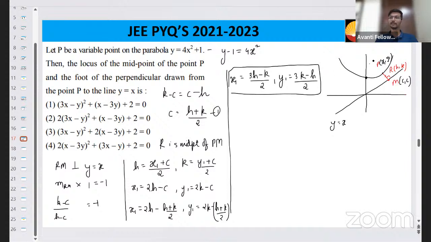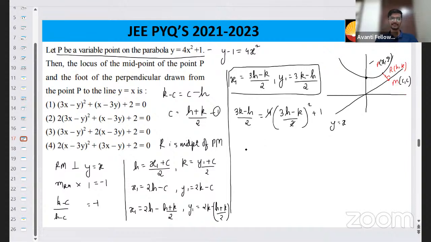So now x1 and y1 lie on the parabola. Why? Because it is point P. P lies on the parabola, so it must satisfy. So if we substitute these values here, what will we get, guys? (3k minus h)/2 is equal to 4 into ((3h minus k)/2) the whole square plus 1. I think this 4 and this 4 after squaring will get cancelled.